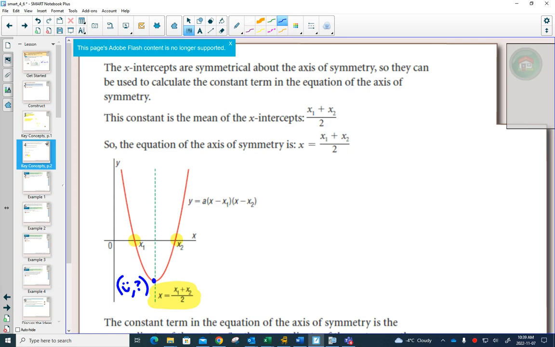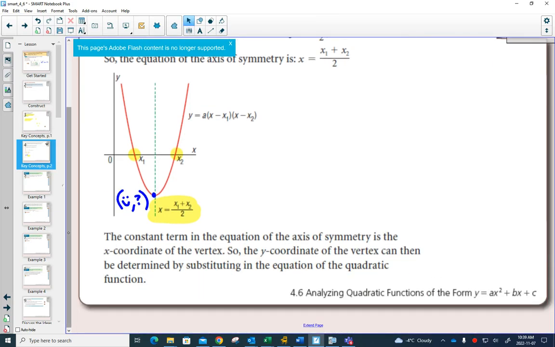So the vertex form, the standard form, tells us our vertex right away. The factored form tells us x-intercepts right away, but we have to do a little bit of figuring to find the axis of symmetry, and a little bit more figuring to get the coordinates of your vertex. All right.